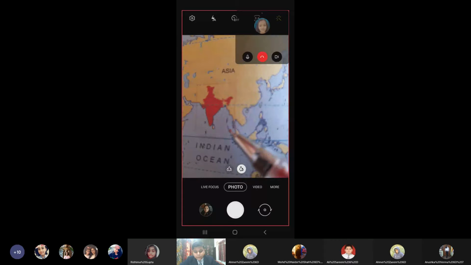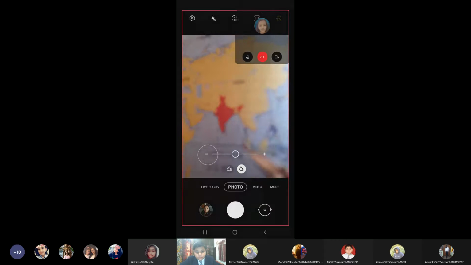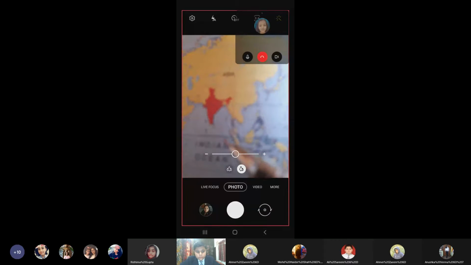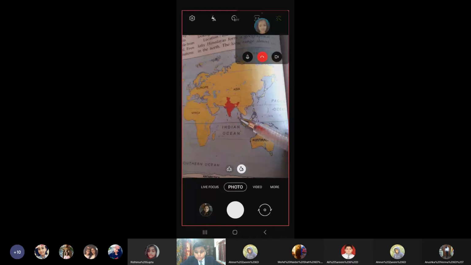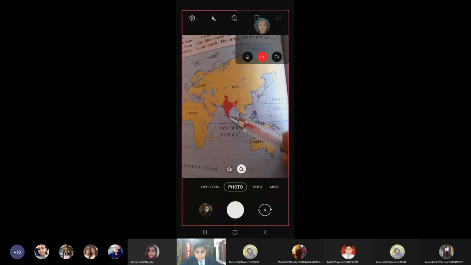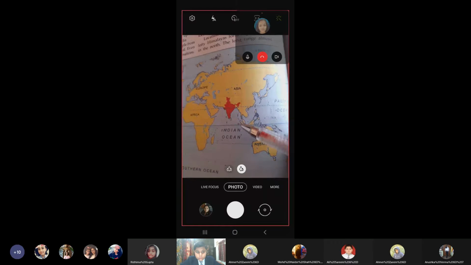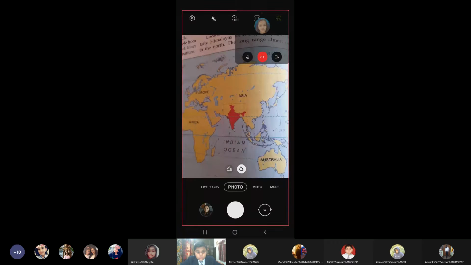So the lowest point of the Andaman and Nicobar Islands, here, it's turning very smudgy. Wait. The lowest part of these islands here is Indira Point, which is below even the tip of India. So Indira Point is the lowest point in the south part of India, in the Andaman and Nicobar Islands.